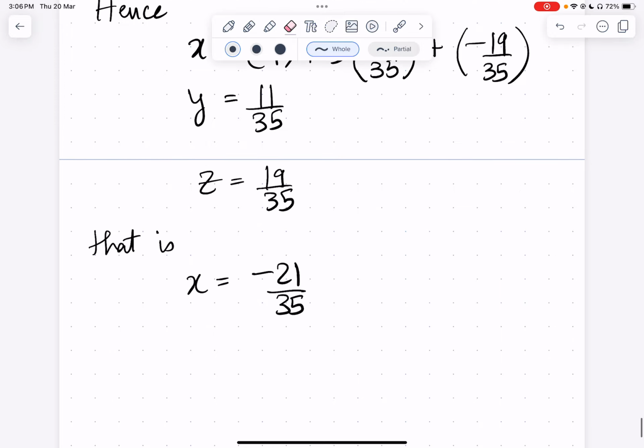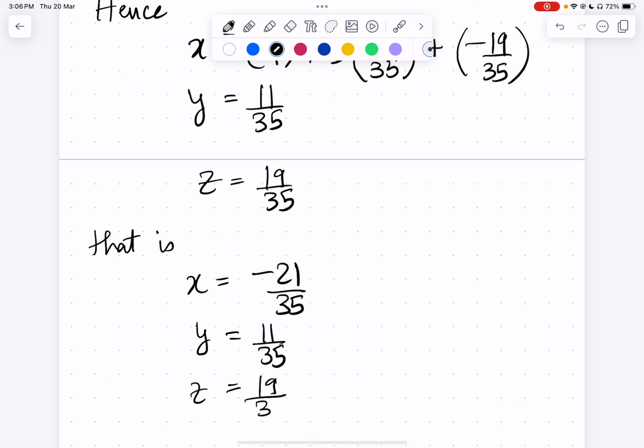Y equals 11 by 35 and z equals 19 by 35.